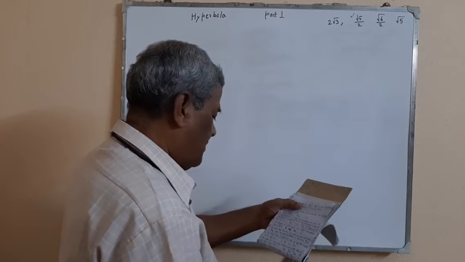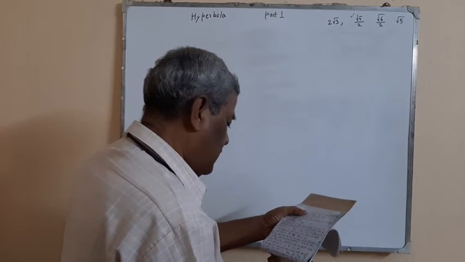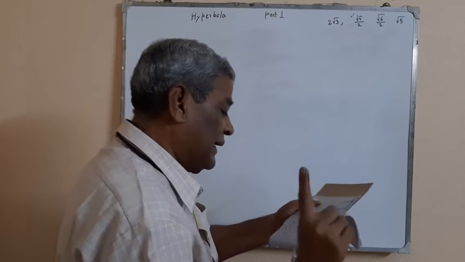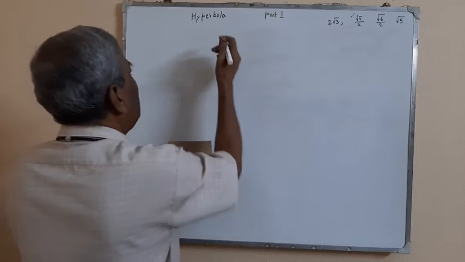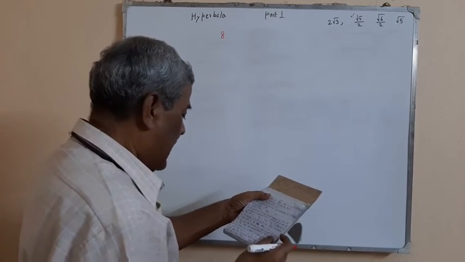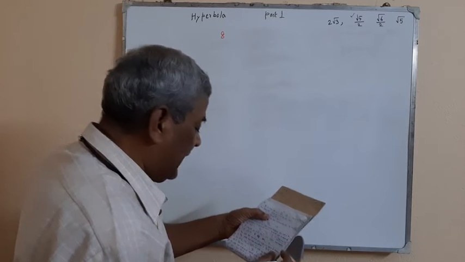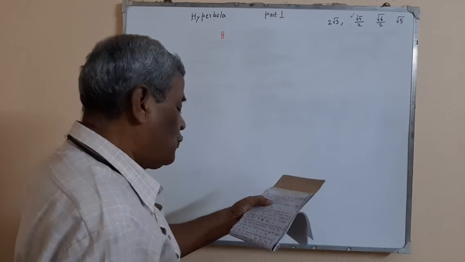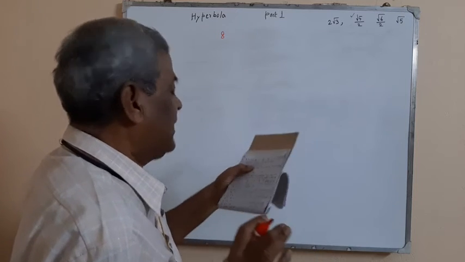Next problem is the eccentricity of the hyperbola whose length of latus rectum is 8, and length of its conjugate axis is equal to half the distance between two foci is how much?